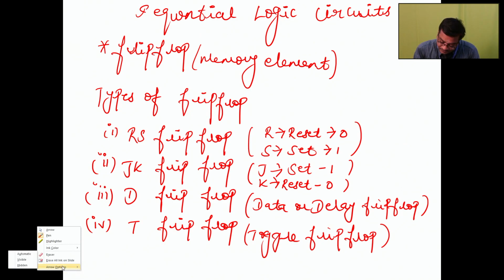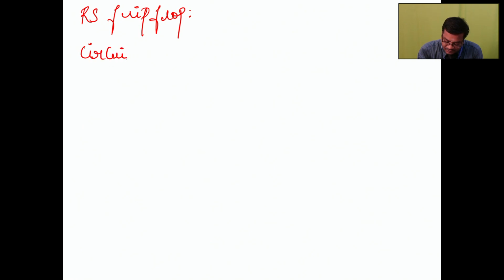First, we can see the RS flip flop. Normally, all the flip flops are designed by using 2 NOR gates or 2 NAND gates. We are going to draw its circuit diagram.